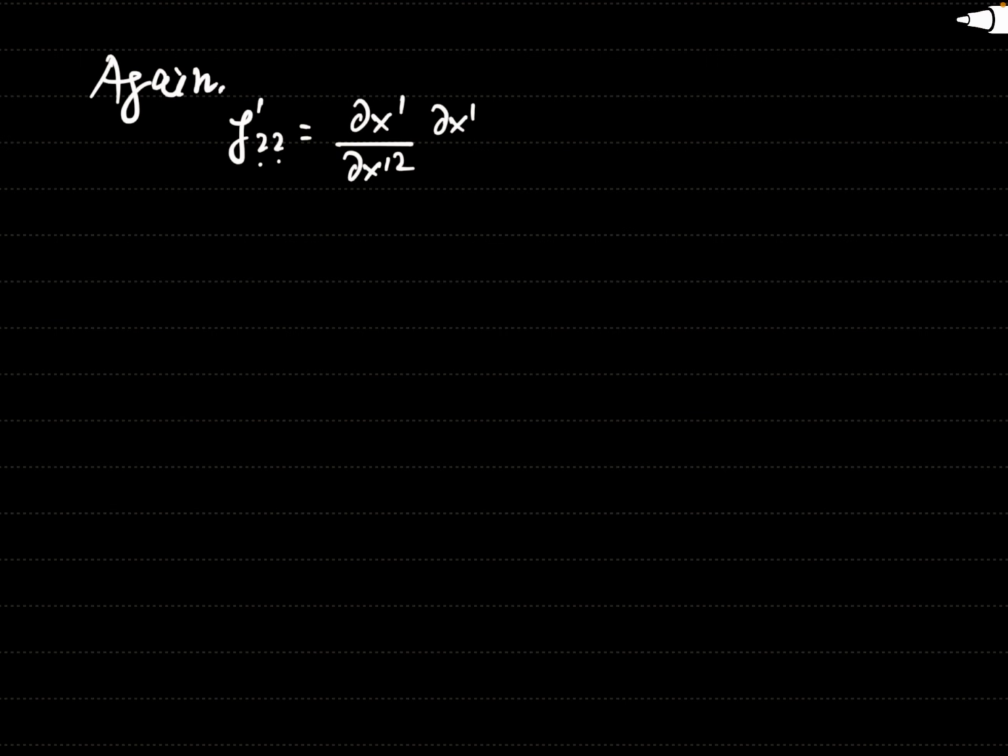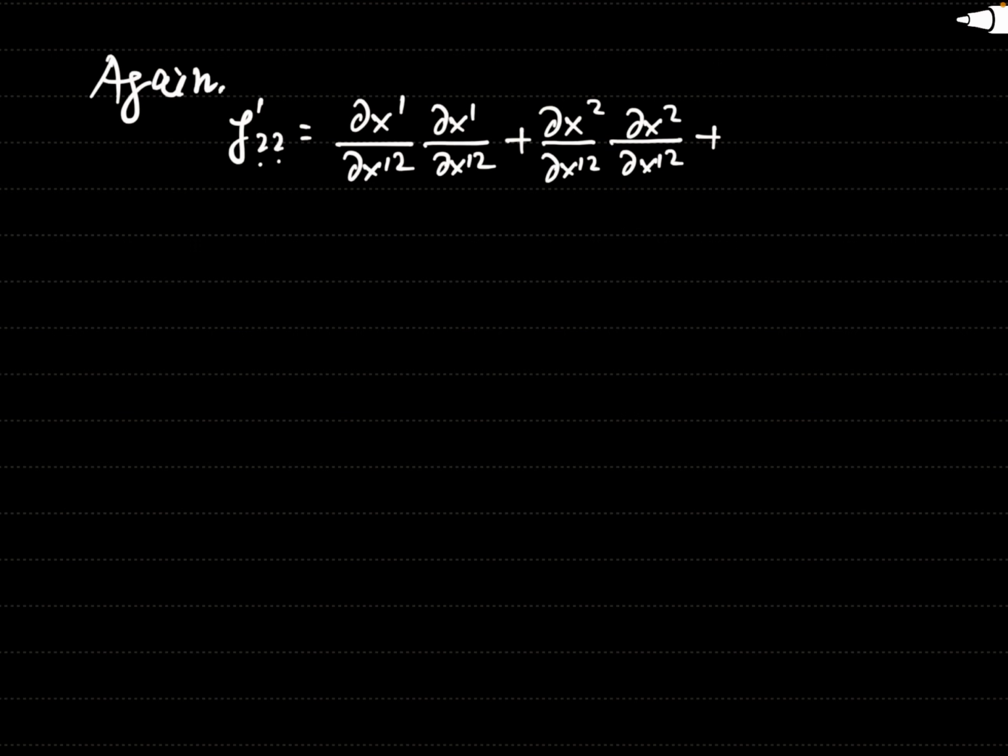And this will again be del x1 by del x prime 2. Plus the next term, this will be del x2 by del x prime 2 and del x2 by del x prime 2.